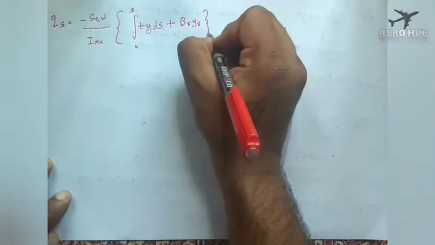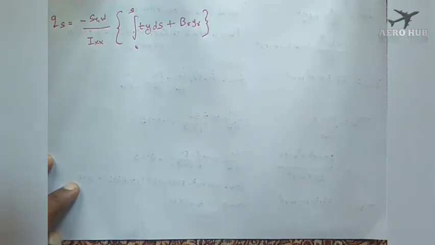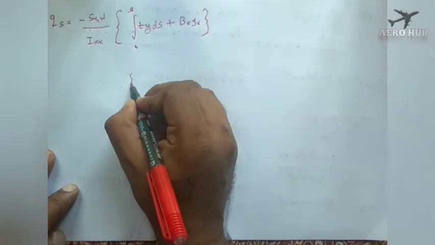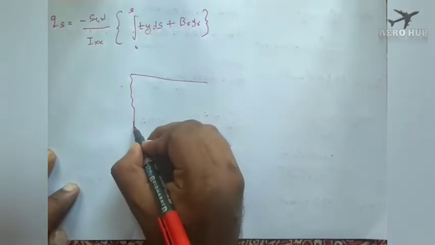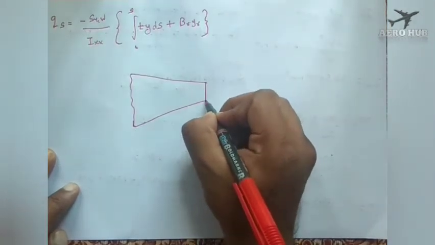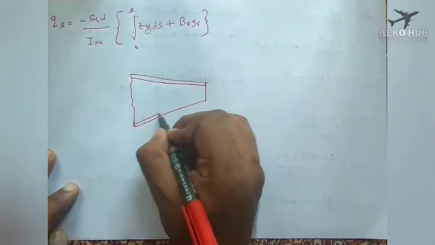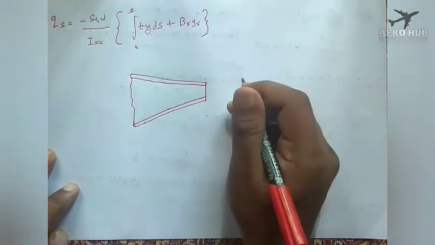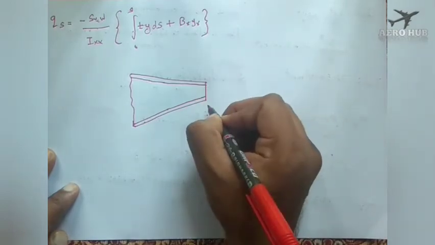This is the equation to find the value of shear flow for the midsection, and I can plot this midsection. These are the flanges 1 and 2, and the total height here is 300.